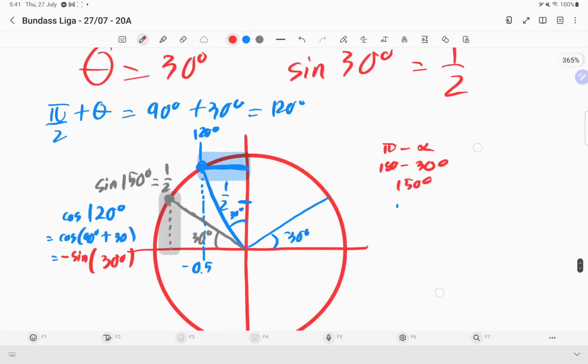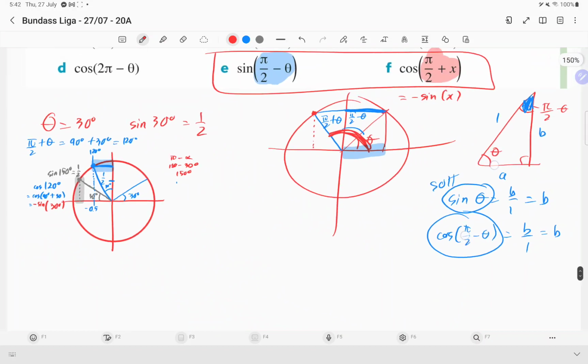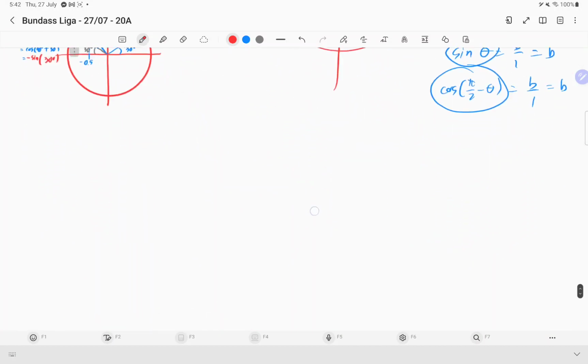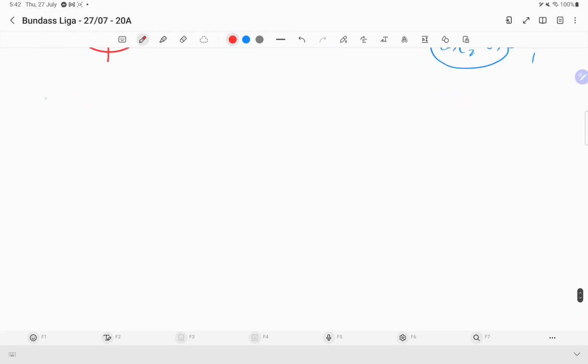Okay, all right. If it doesn't make sense, how about this? I'll tell you guys the formula. Okay, so complementary related angles.